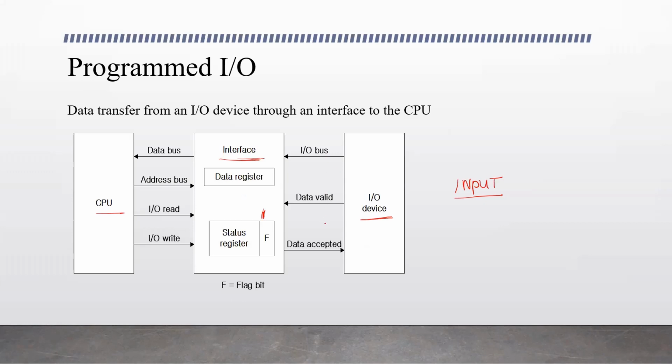What is this method of transfer? We have learned it. The source places the data and enables the data valid signal, and the destination receives the data and enables the data accepted signal. What is this control called in asynchronous transfer?